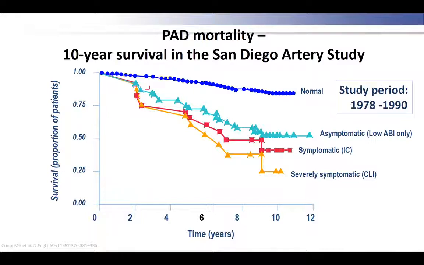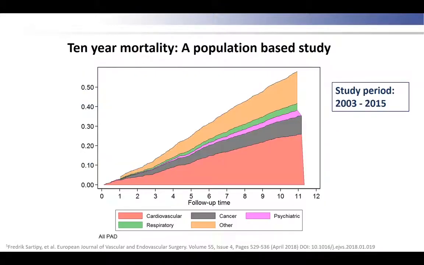Here we have Michael Criqui's seminal San Diego study published in the 90s, and you can see at 5 years, 25% are dead, and at 10 years, 50%, no matter whether it's asymptomatic, intermittent claudication, or CLI. And you say, yeah, but that was then.